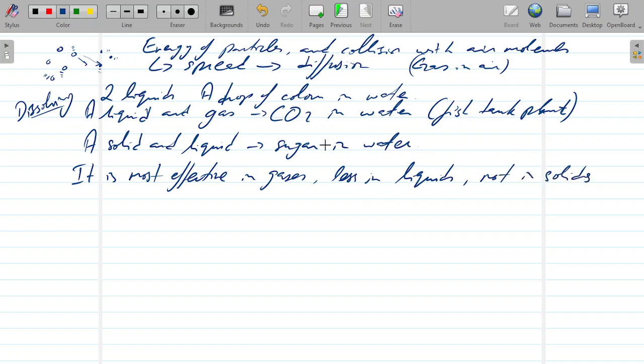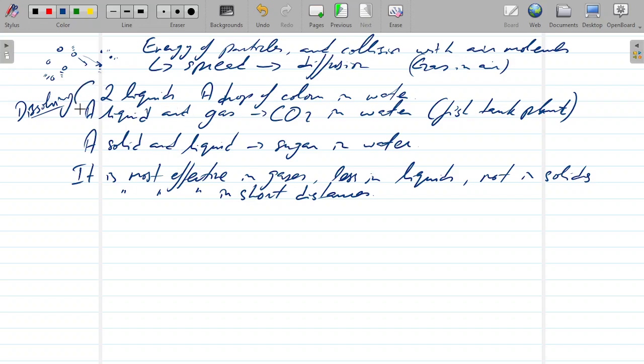So the example I gave was a solid and liquid, not two solids. Two solids will not diffuse into each other. They won't do anything. And it is most effective in short distances, right? Especially in living systems.